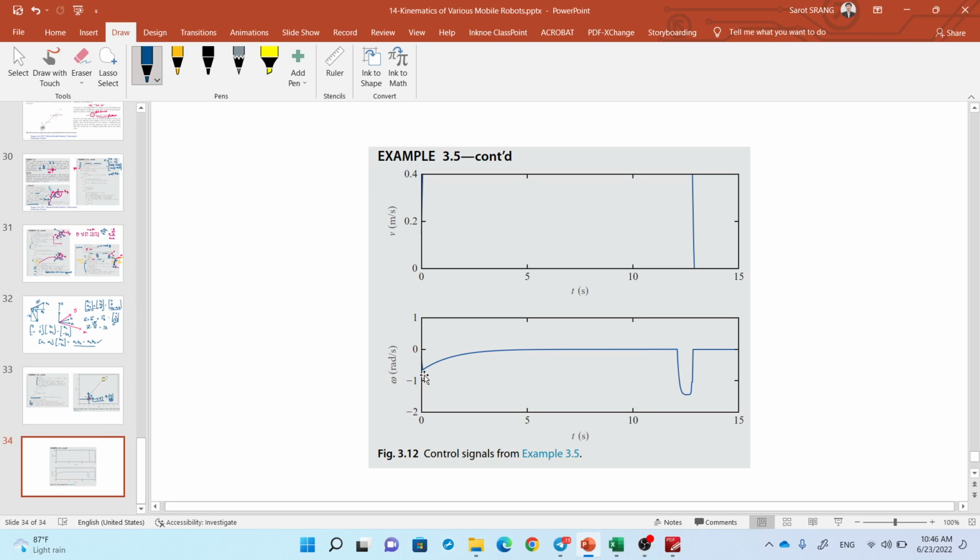So it means when it almost reaches the right orientation, the angular velocity starts to approach zero, and converges to zero. But at the transition from the line segment to the circle, the angular velocity changes by a lot. It starts to change here, you can see.